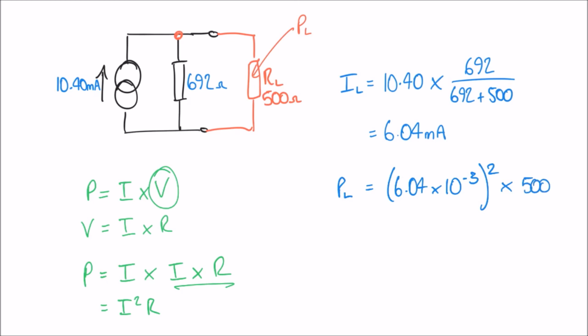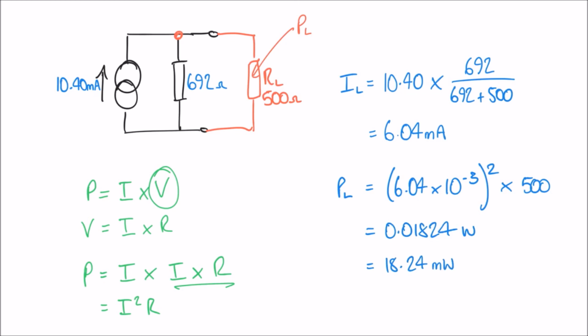So P equals I squared R. And if I calculate that, I get an answer of 0.01824. It's a power, so I express that in watts. Now, better than expressing it as 0.01824 watts, again I'm going to multiply by a factor of 1,000, because I can say that that is the same as 18.24 milliwatts.